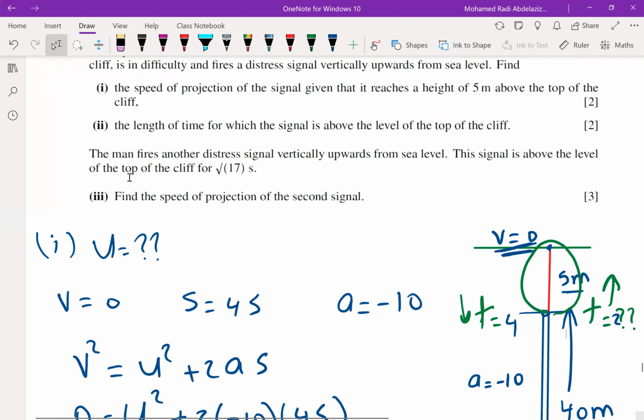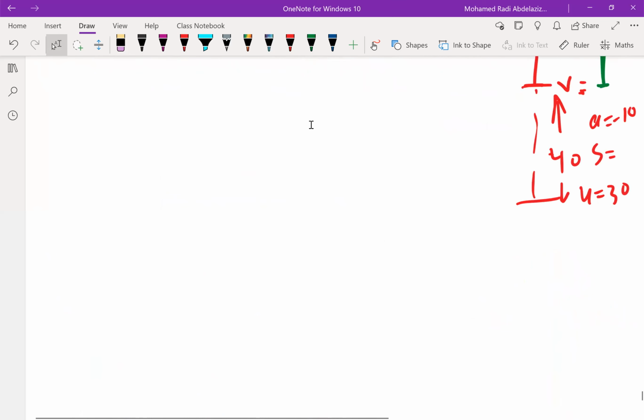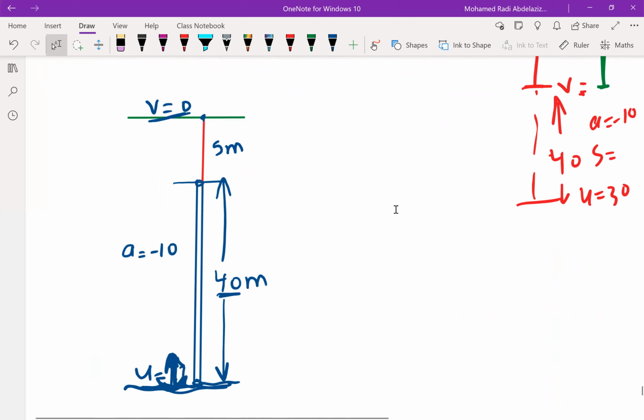In part 3, the man fires another distress signal vertically up from sea level. This signal is above the level of the top of the cliff for a time of 17 seconds. Find the speed of projection of the second signal. Again, this is the cliff. It's 40.